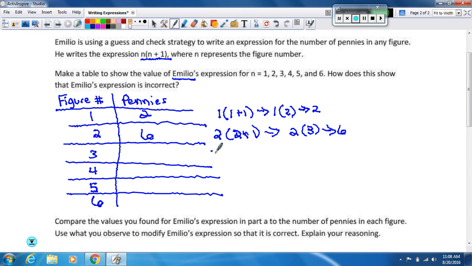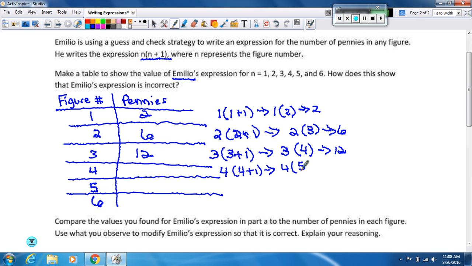And then for the 3, we have 3 times the quantity 3 plus 1. That's 3 times 4. That equals 12. Then you've got 4 times the quantity 4 plus 1, which is 4 times 5, which is 20.